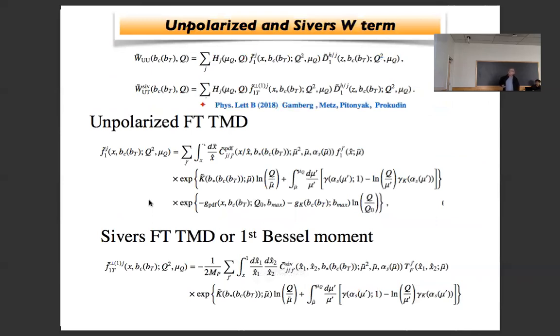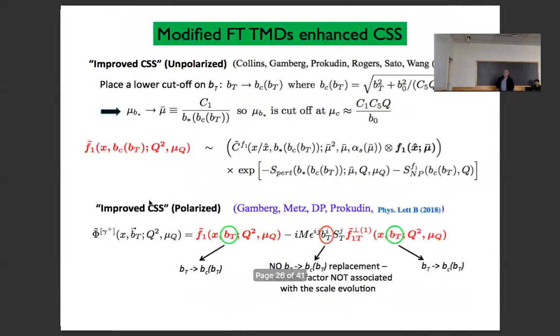So what happens is the W term for the unpolarized now is a function not of b, but bc of bT. The Sivers first moment is now a function of bc of bT. And the unpolarized TMD and the Sivers TMD just have this substitution. So the form is exactly the same.